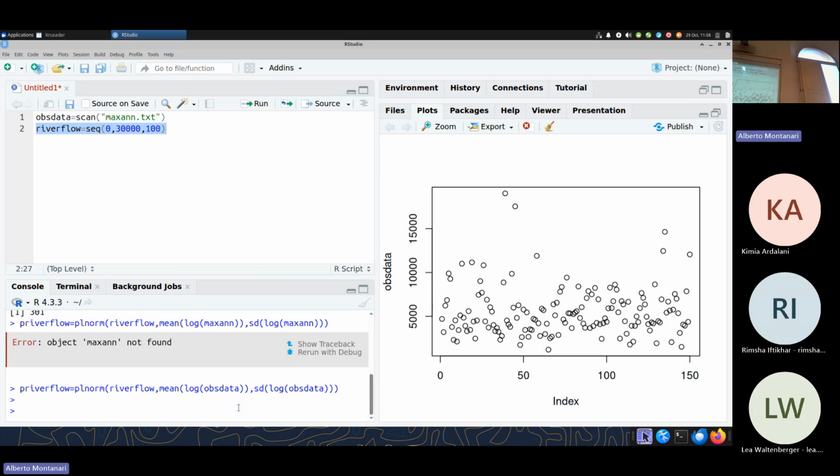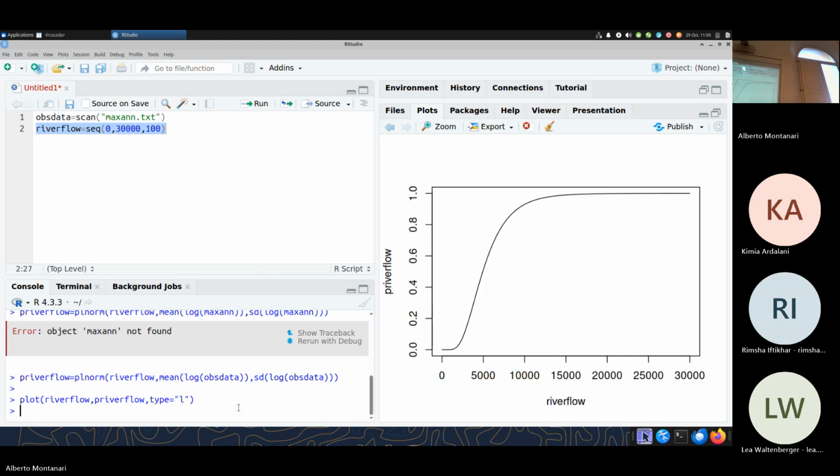Now it works, and let's try to plot it to see if it makes some sense, and then I'll check if the instruction is the same as given in the suggested R code. So plot river flow, P river flow, and let's make it a line, type equal line. Yeah, it is reasonable, it is fine.